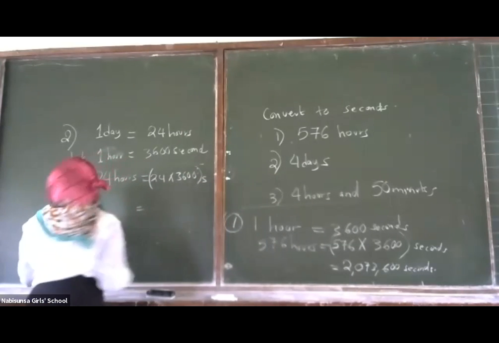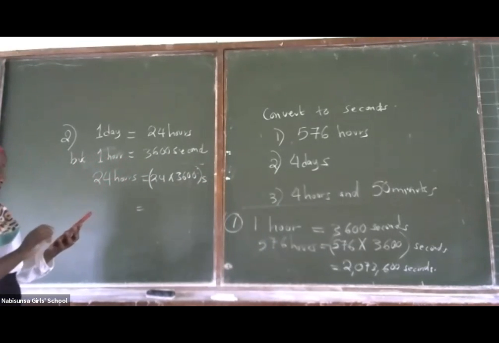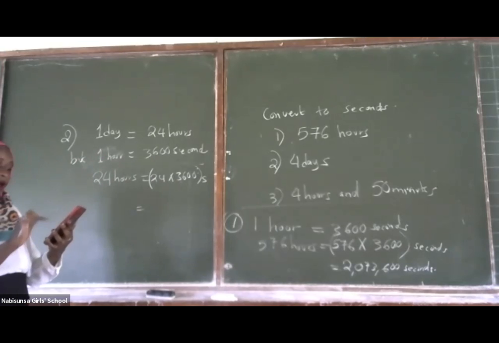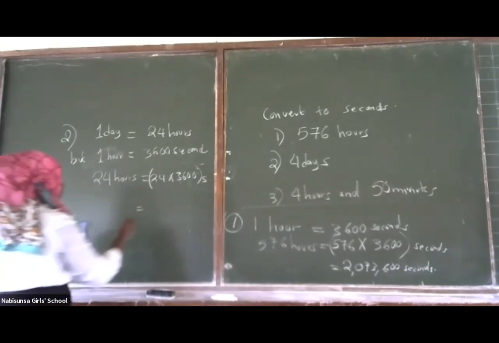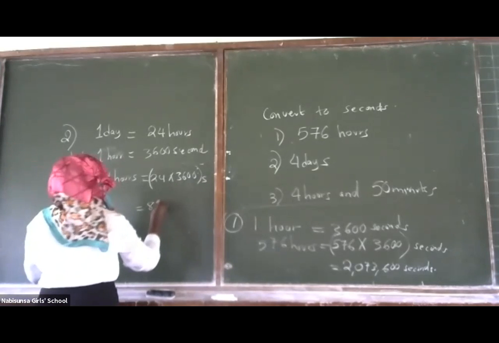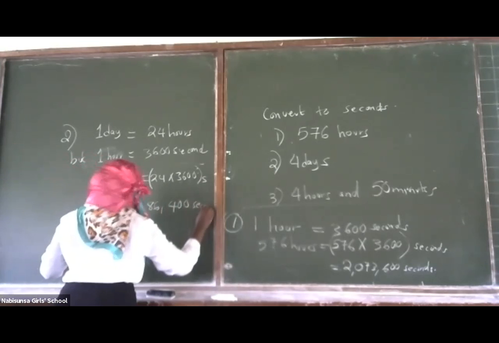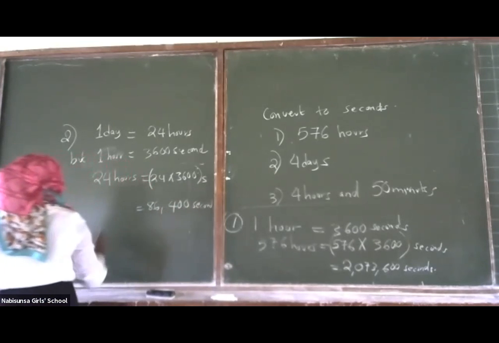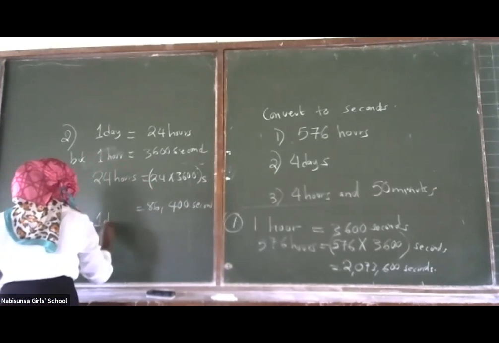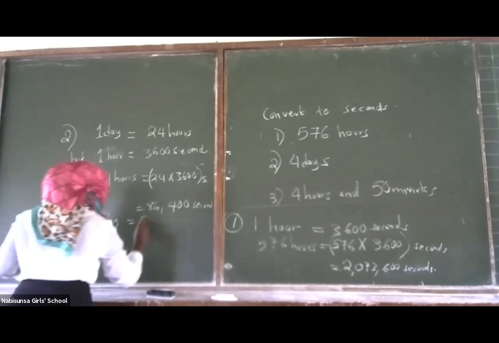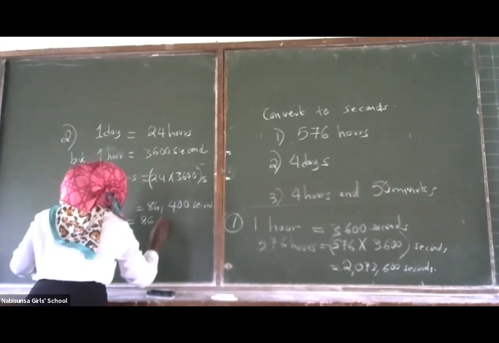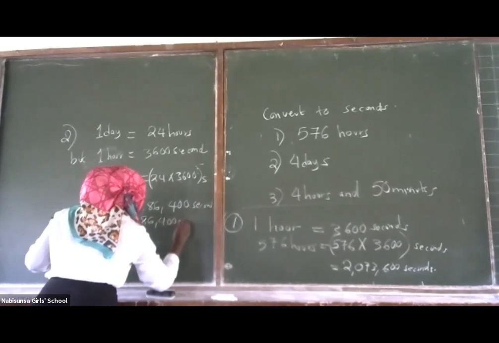When I multiply 24 by 3,600, I get 86,400 seconds. So that means one day has 86,400 seconds.